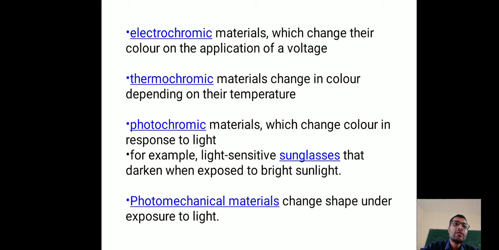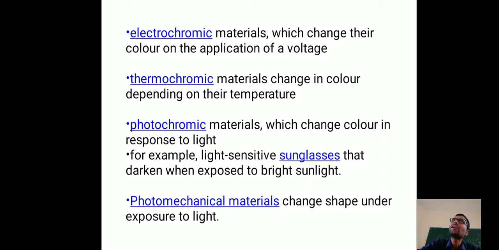We know sunglasses. In goggles, sunglasses are used. Sunglasses means glasses having different colors. And if we observe those glasses, those glasses darken, or light sensitive glasses are there.